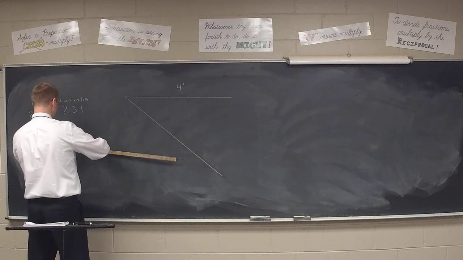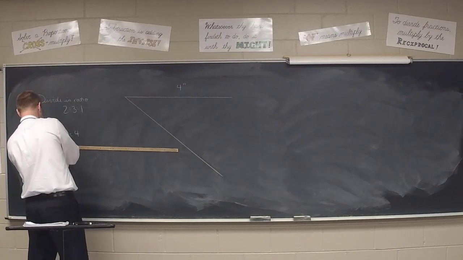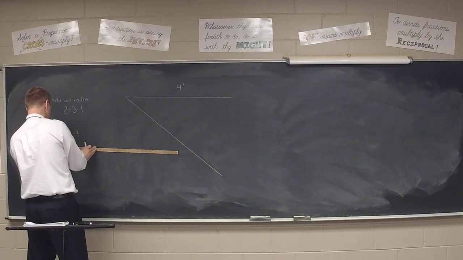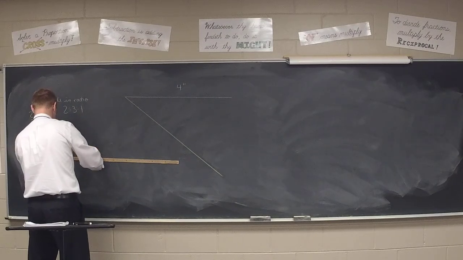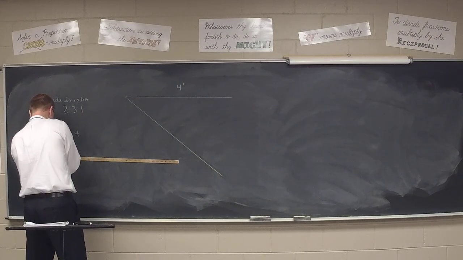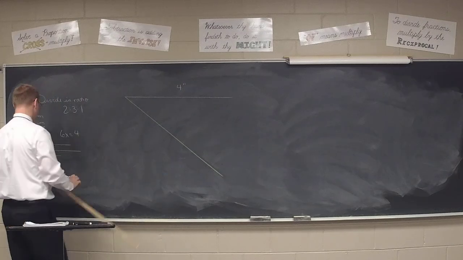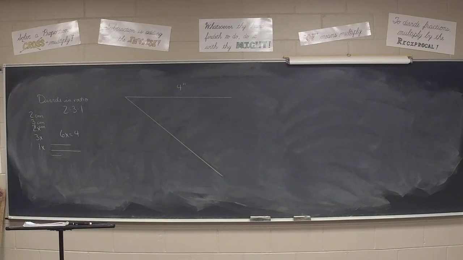So let me flip this over and go centimeters here. 2 centimeters, 3 centimeters, and 1 centimeter. That's kind of small though, isn't it? It'd be kind of tiny, but inches would be almost too big. Why don't we make it 2, 6, and 4? I'm sorry? Why don't we make it 2 centimeters, 6 centimeters, and 4 centimeters?